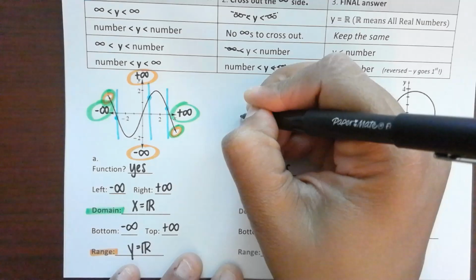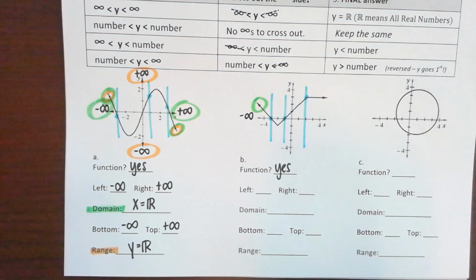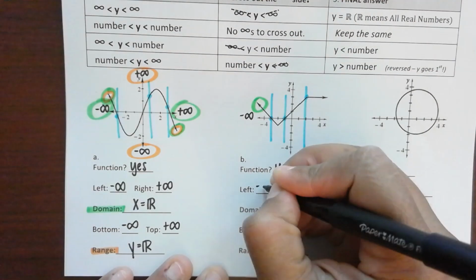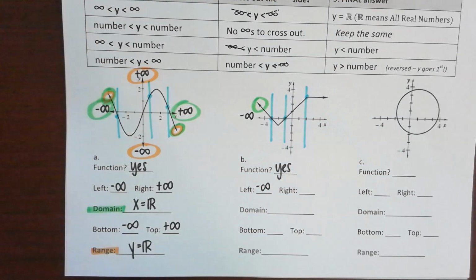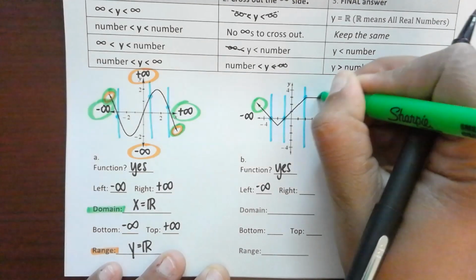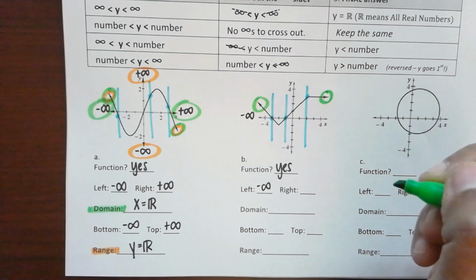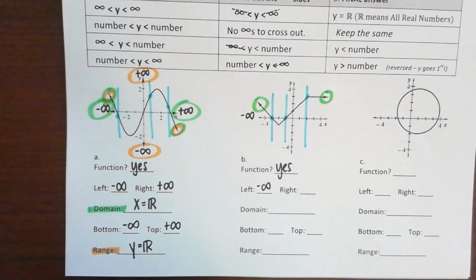Negative what? Infinity. Make sure you're using your words. I'm not going to be filling in the blank all the time. You have to know where it's coming from, okay? I know it's a lot of vocabulary, but that's life. You got to know it, okay? Rightmost value. Positive infinity. Because where is that arrow going forever? To the right.